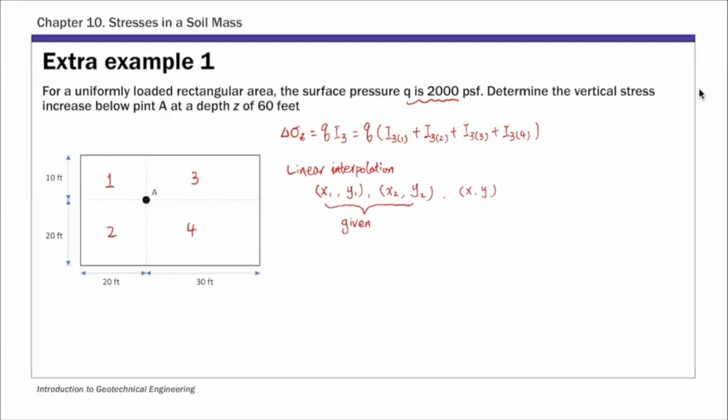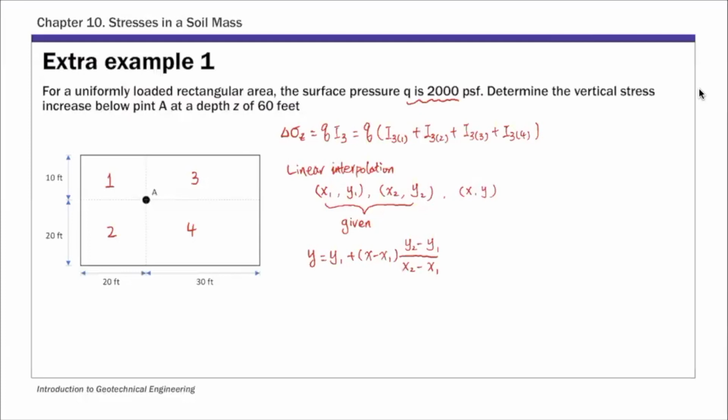You can use simple linear interpolation to get the y value at a new x. This is the equation we're going to use for linear interpolation when we use table 10.10 to find I3 values at some intermediate M and N values. And we're going to actually apply this multiple times.